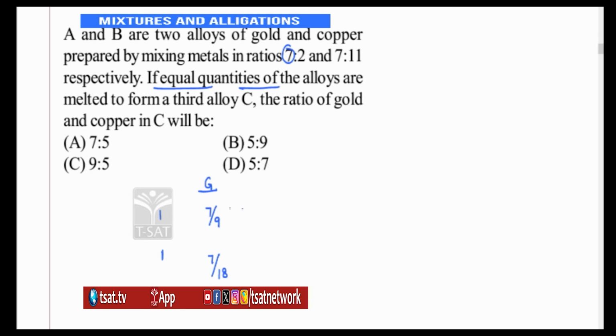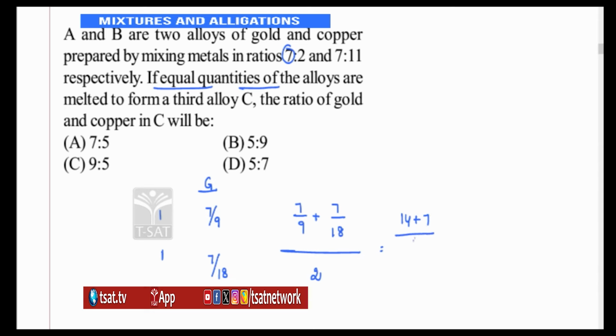In the resultant mixture, the formula says N1A1 plus N2A2, divided by what? Divided by N1 plus N2, that is 2. Take the LCM. LCM gives you 18. So 9 2s are 18, 14 plus 7 is 21.